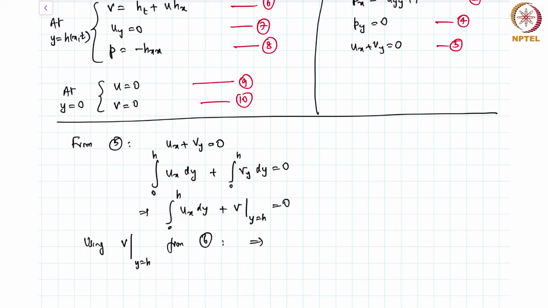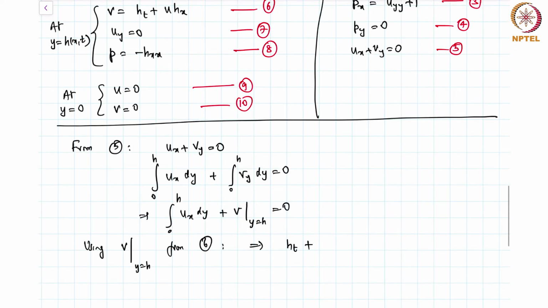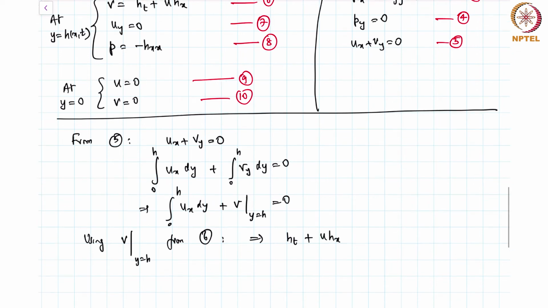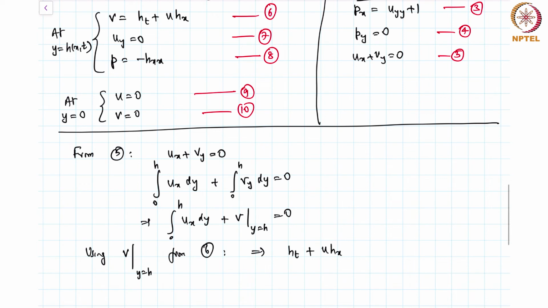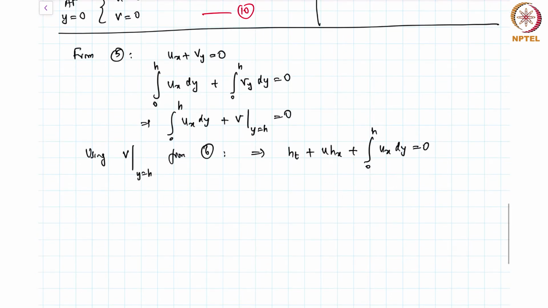We get ht plus uhx plus integral 0 to h of ux dy is 0. That's my equation that I get.